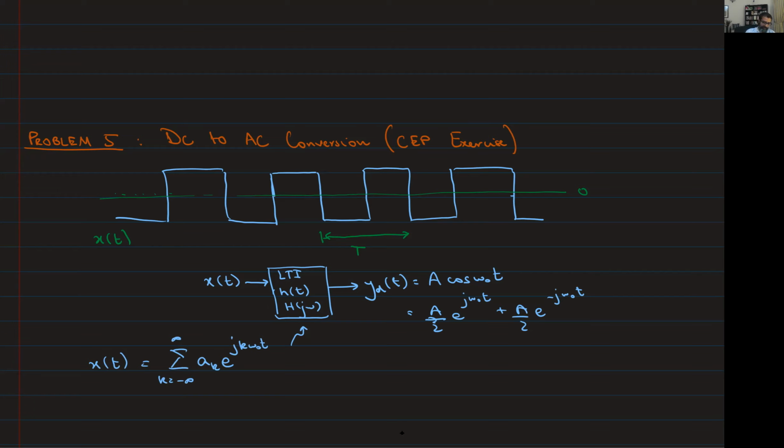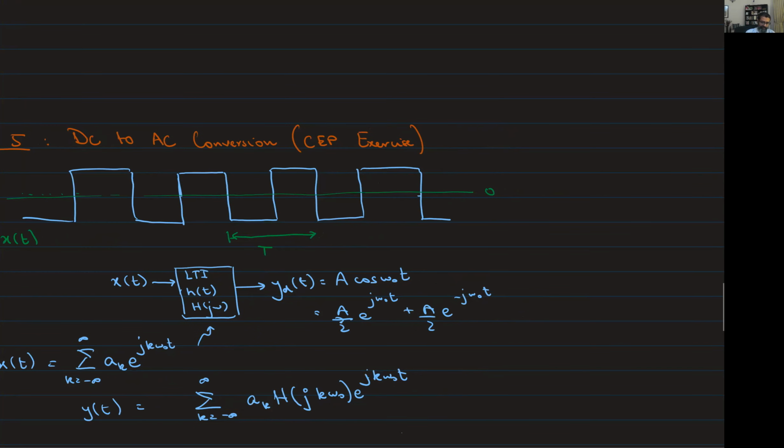And y of t is simply going to be the summation, k equals minus infinity to plus infinity, of a_k H of j k omega naught times e raised to power j k omega naught t. ठीक है? तो अब, how should I choose H of j k omega naught, or design it in such a manner?